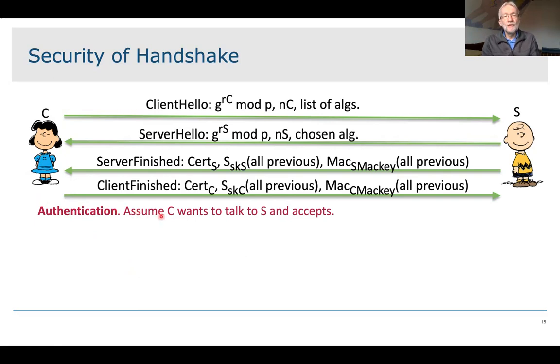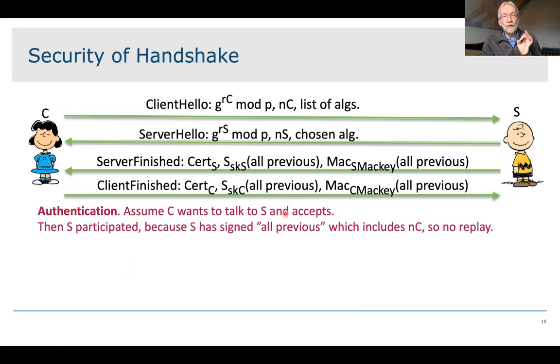Let's say the client wants to talk to the server S and actually accepts in the end. Then we want to prove that the server did participate in the protocol. As we know, we get a signature from the server where it signs all the previous messages, and this includes notably the nonce that the client has chosen. It's up here.